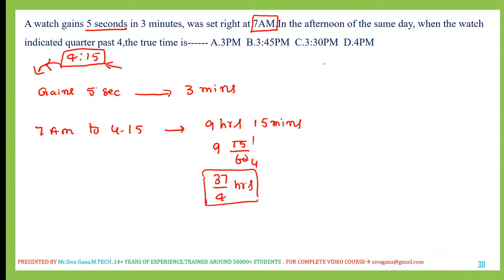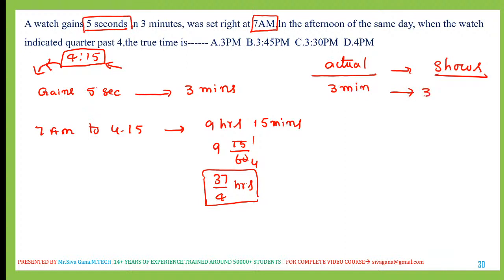Now see how your sir is solving this very important model. Most of the trainers are making a mistake in this. So actual and shows. Actual is 3 minutes, but it is showing how much? 5 seconds extra.